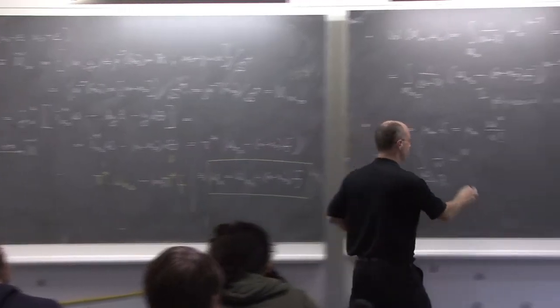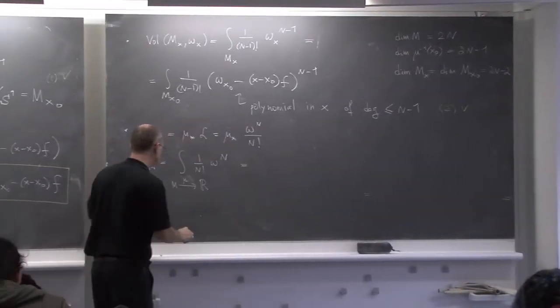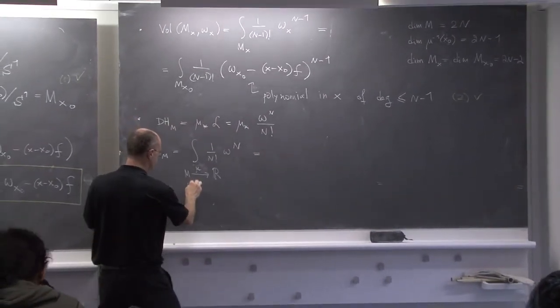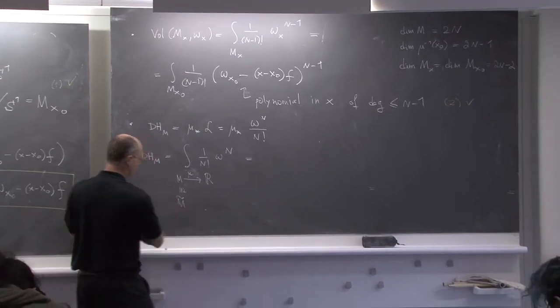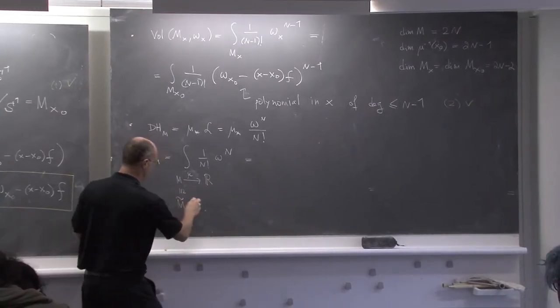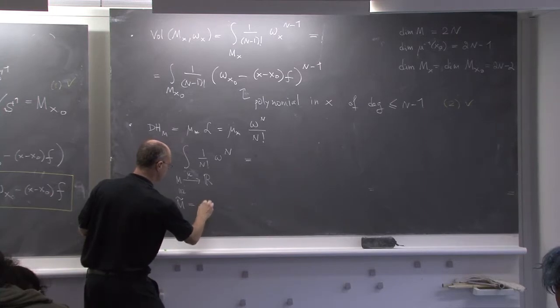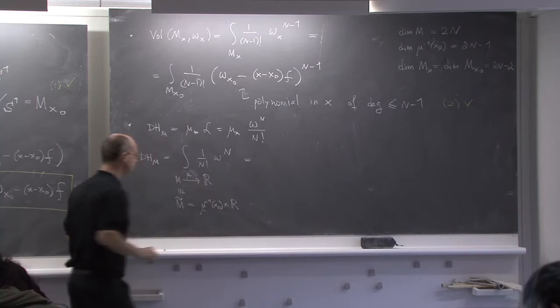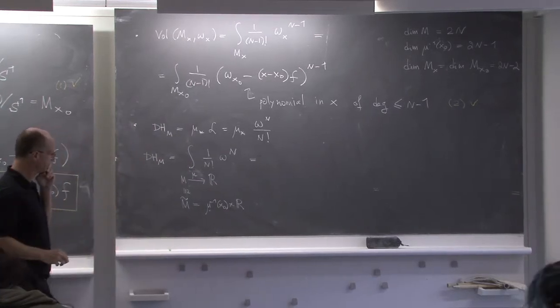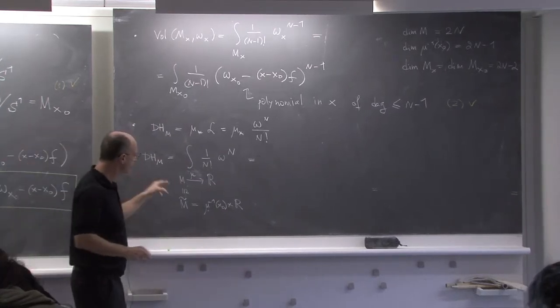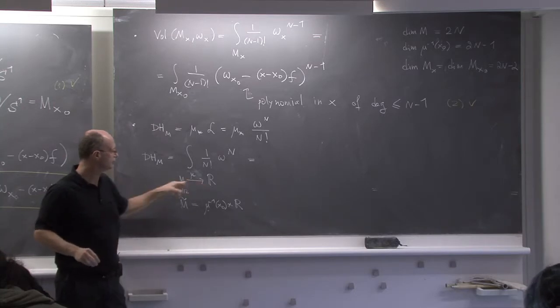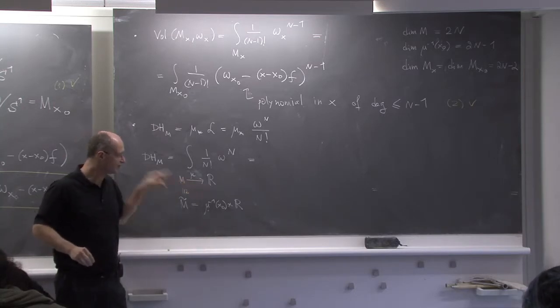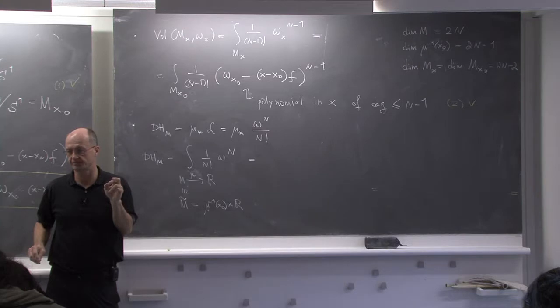So I model M by M tilde, and M tilde, I recall, is mu minus 1 of x0 times R.